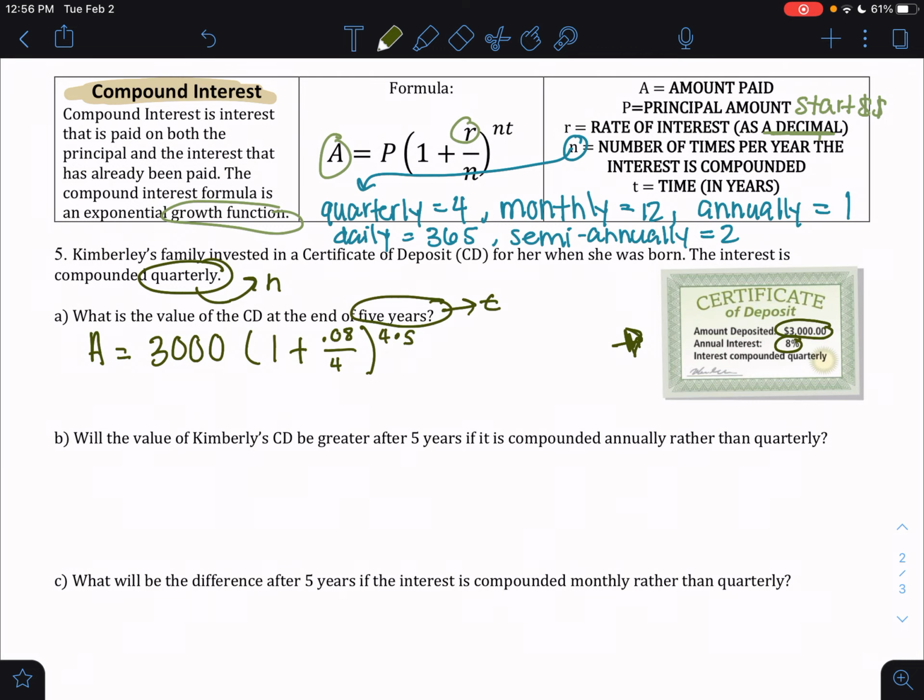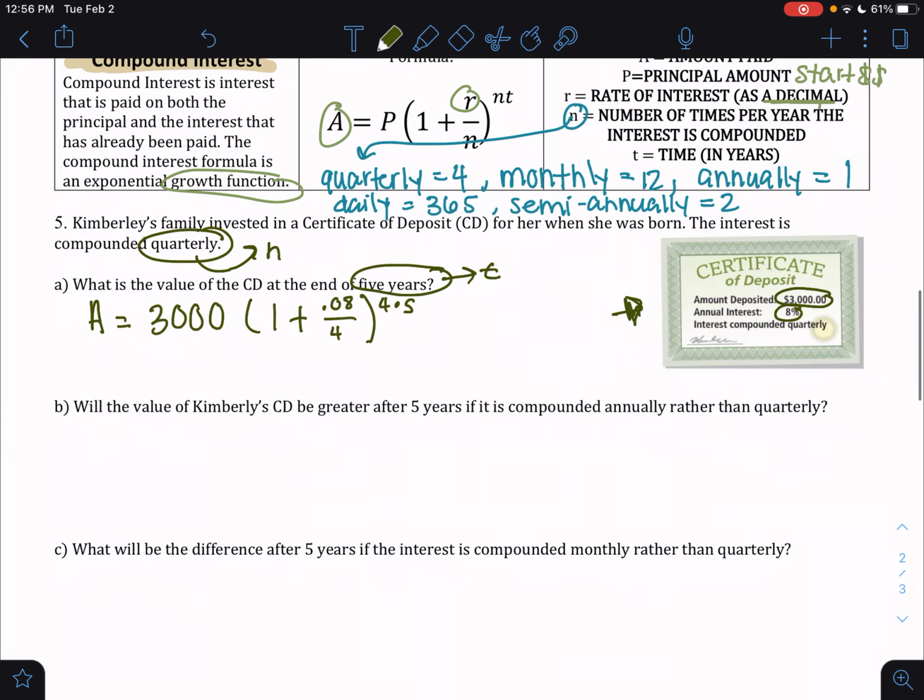So now to enter this in our calculator, I'm going to write this out and show you how you would enter this. You would write just 3,000. And now you're going to have to do multiple sets of parentheses, or your calculator won't calculate it right. So you're going to do one set of parentheses first, and then you're going to put the 1 plus. And now when you have a decimal within a fraction, you can't use the fraction symbol, you have to actually divide it. So we're going to have another set of parentheses here.